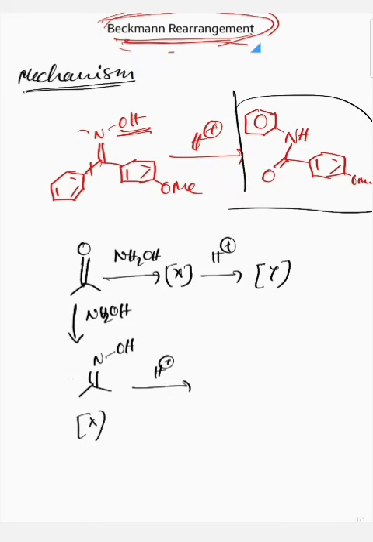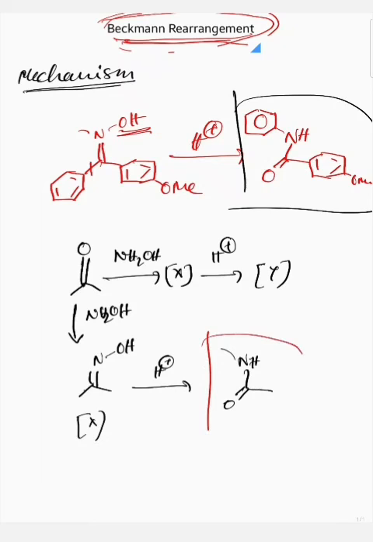When you put some H plus, what do you do? You remove the OH and you put the trans group on the nitrogen. Then you put the remaining part, put a carbonyl group here, and balance the valency of nitrogen, right?